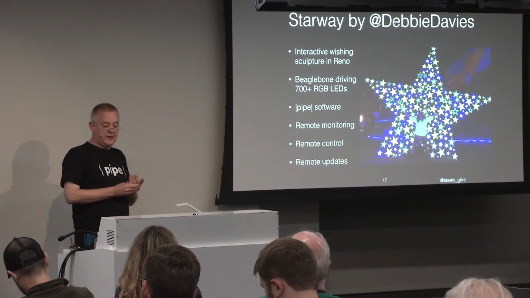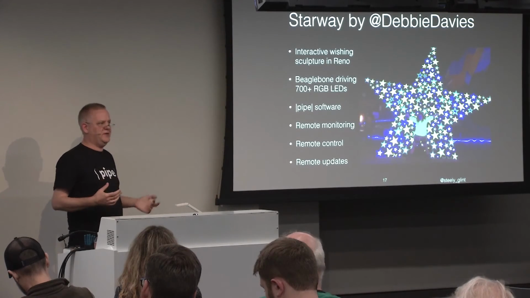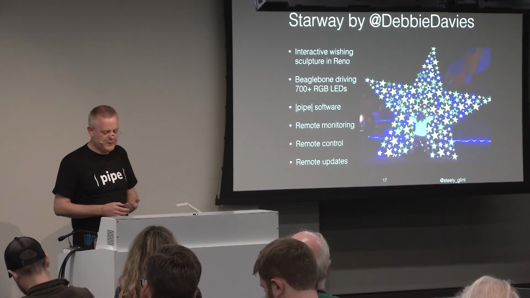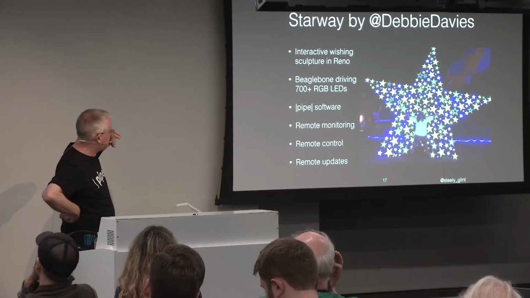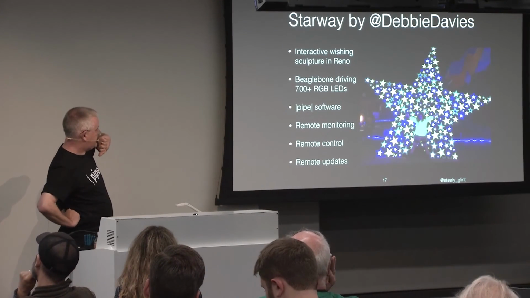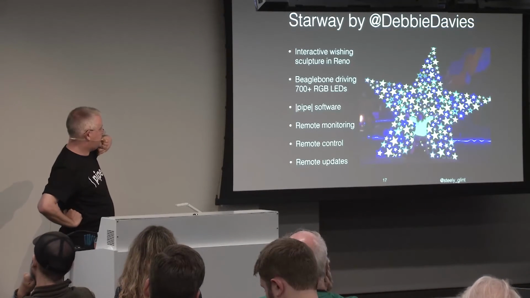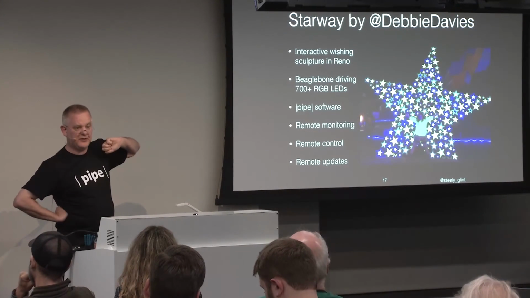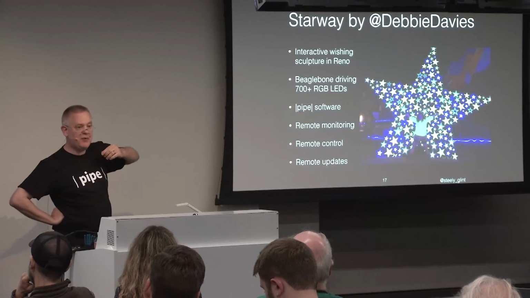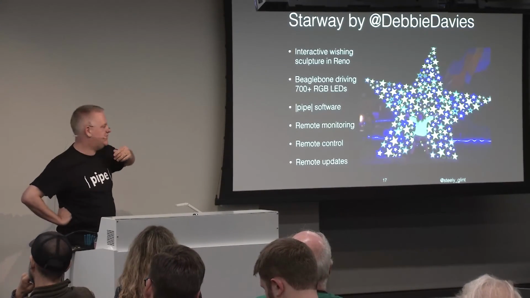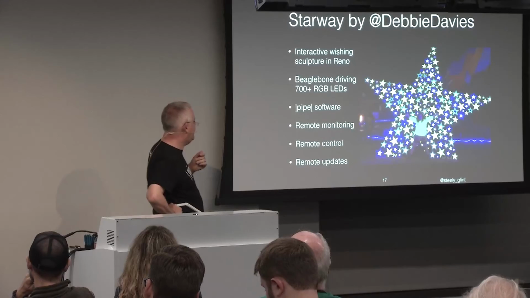OK, so that's all kind of cute, but it's a little bit small, right? So this thing is a sculpture by a friend of mine, Debbie Davis. It's a 15-foot star with 700 LEDs in it, which are all individually controllable by a BeagleBone. And we put the Pipe WebRTC software in it, mostly because you can.